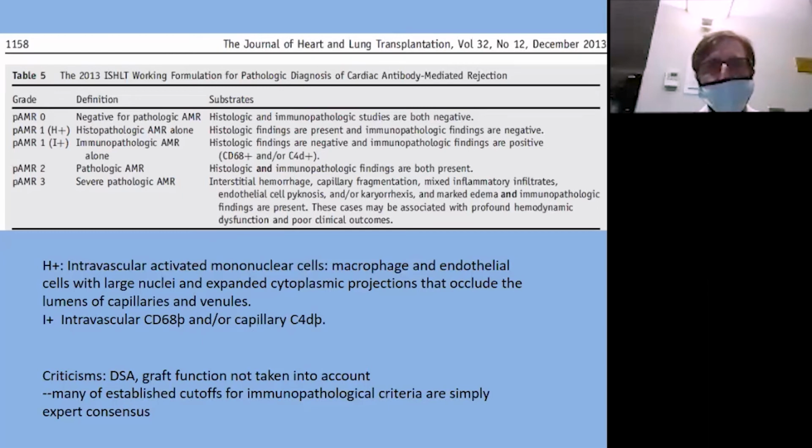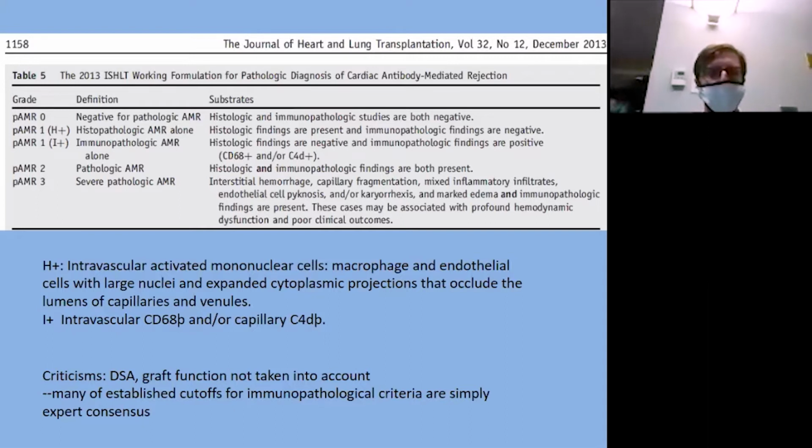So there's been an updated pathological diagnosis for AMR. Typically, we don't really use that one here, but it's based on histological or immunopathological criteria. We do use aspects of this in terms of the C4d percent staining and CD68, and we look at the histological characteristics. We just don't, typically, have our pathologists grade it according to this AMR 0, 1, 2, 3.